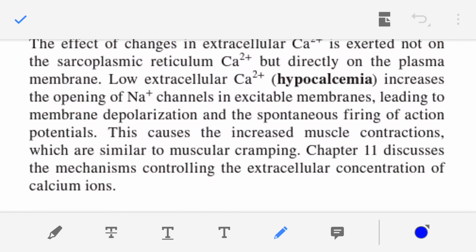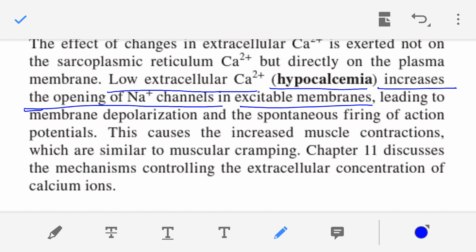Now, this low extracellular calcium condition is known as hypocalcemia, and if the extracellular calcium level is down, it will increase the opening of Na plus channels. More and more Na plus channels remain open in the excitable membrane, and this leads to membrane depolarization and spontaneous firing of action potentials.